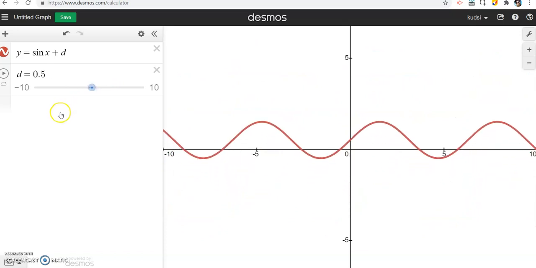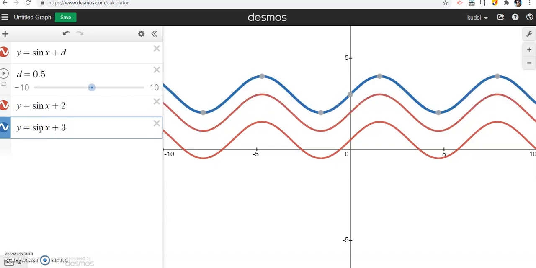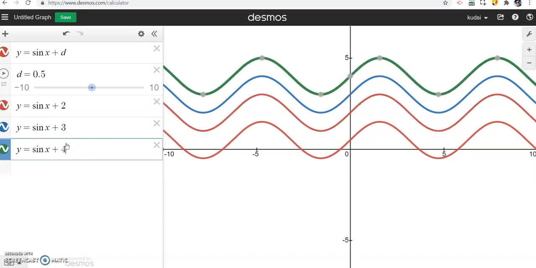Okay, how that's neat is you could do y equals sine of 2x, x plus 2. Now you've got a second graph. And then copy and paste that. Plus 3. Okay, and you can make waves, and now I'm already seeing red, white, and blue, and I'm getting an idea for a flag-shaped graph.